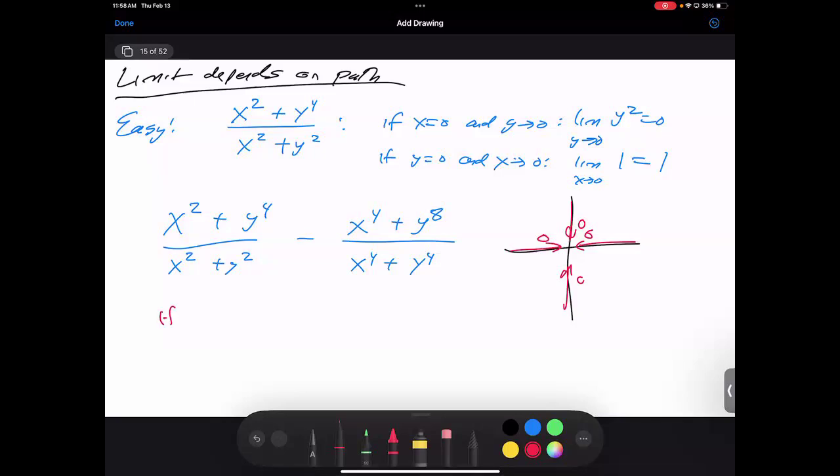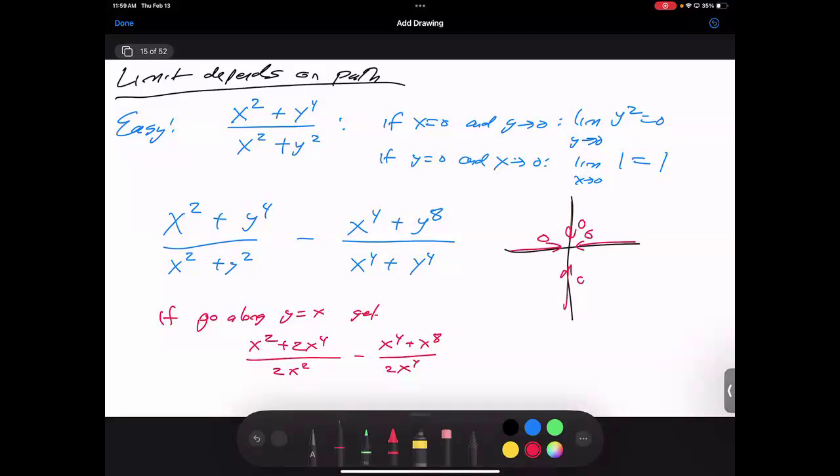So if we go along y equals x, what does the first one become? It becomes x squared plus 2x to the fourth over 2x squared, minus x to the fourth plus x to the eighth over 2x to the fourth. Was it 2x to the fourth? Because if y equals x, then y to the fourth is just x to the fourth.